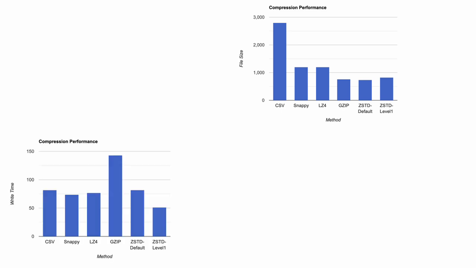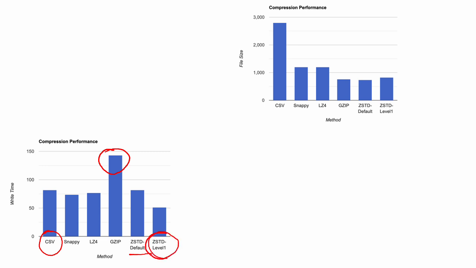And how much time did it take to write those files? Once we looked into that, we saw that CSV was taking more than 75 seconds. Snappy took a bit less, gzip took the highest, whereas Zstandard took similar time to Snappy.